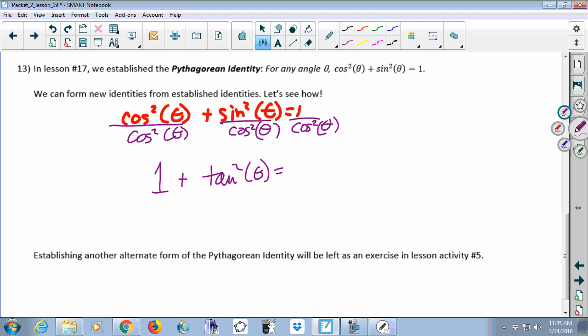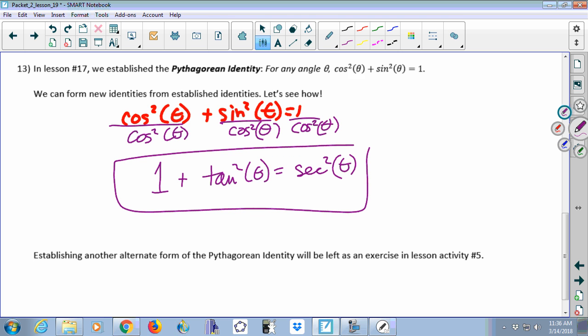And 1 over cosine squared theta is secant squared theta. So that's your second, or alternate, identity. Your book calls it alternate because I've been reading your book. You too? Good, I'm glad to hear it.